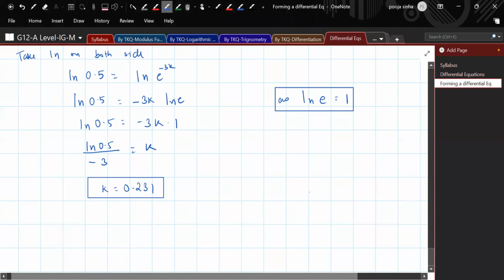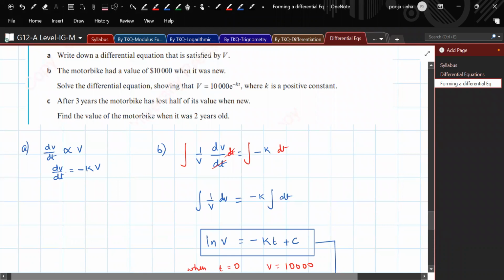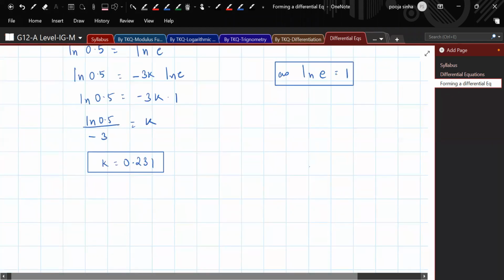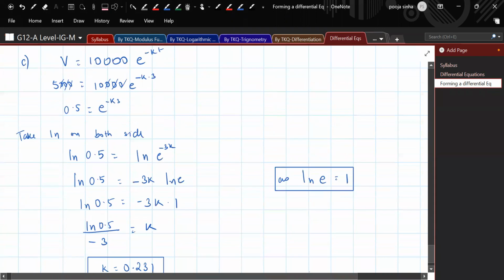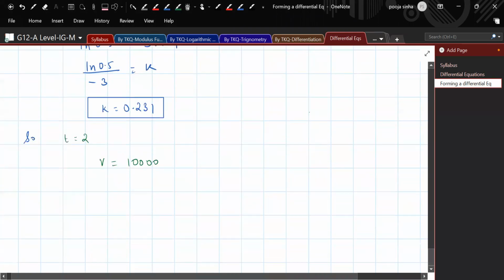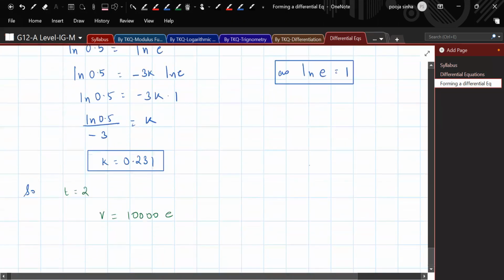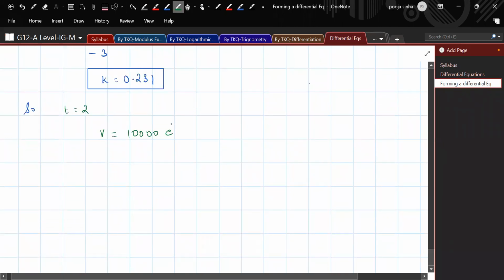And now you have that too. So what is the value that they have asked? Find the value of the motorbike when it was 2 years old. When t is equal to 2, right? So with t equal to 2, V is equal to 10,000 e raised to power minus 2 into 0.231, and we just cancel it out.